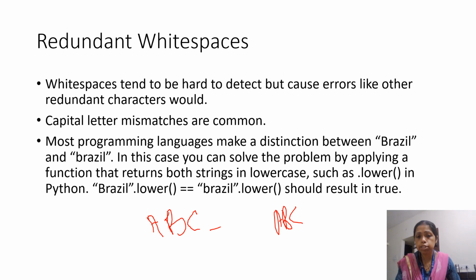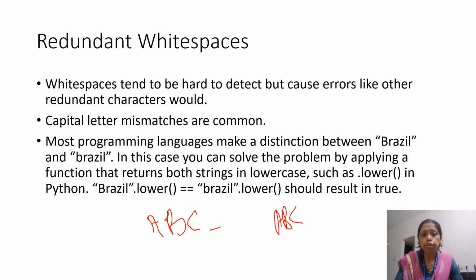In a column some data will be A, B, C without any space, and some data will be A, B, C with space. So these two will get a similar but different value, right? That's why you have to remove this redundant white space.